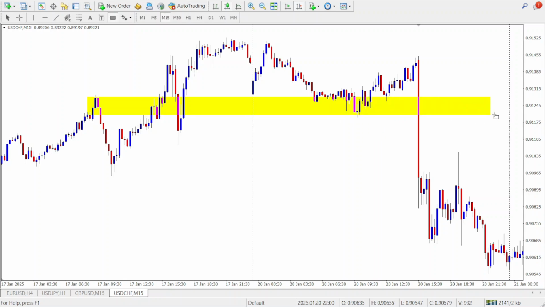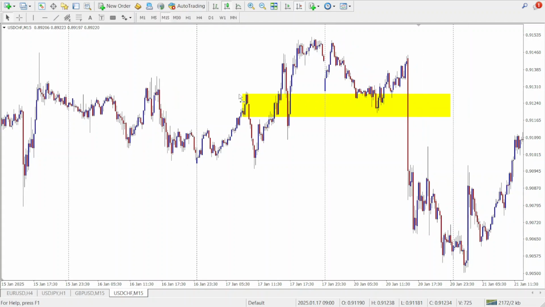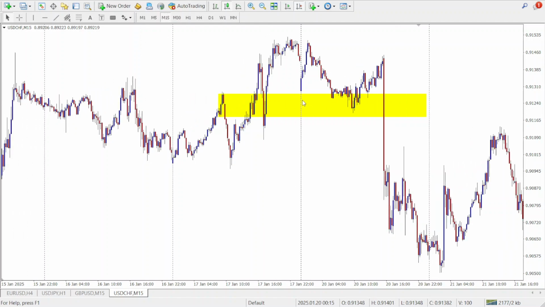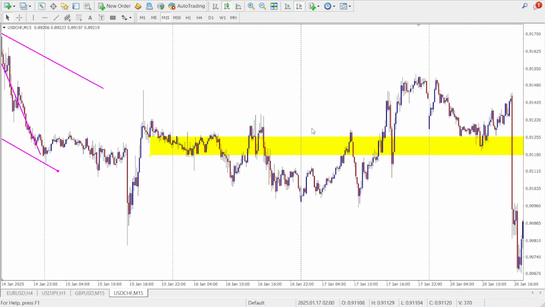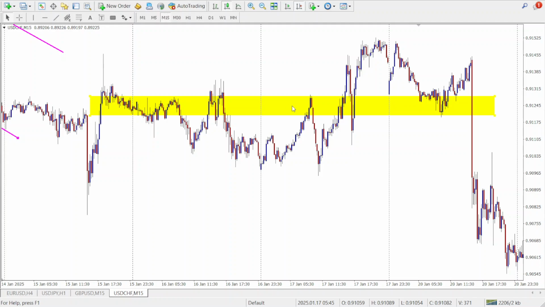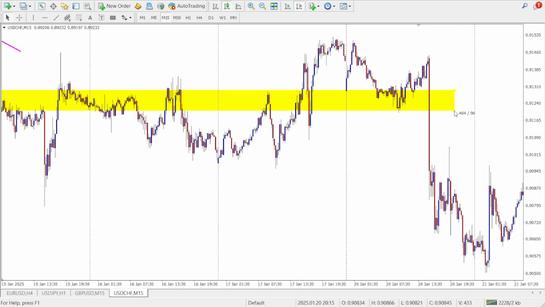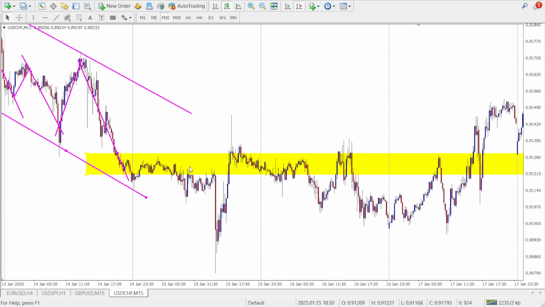We actually had a support zone around here. This seems to be a zone, but it's quite a wide zone. You can see we had multiple rejections here.